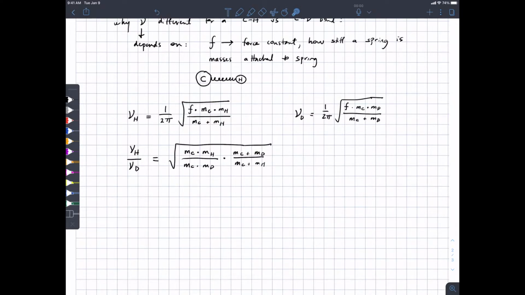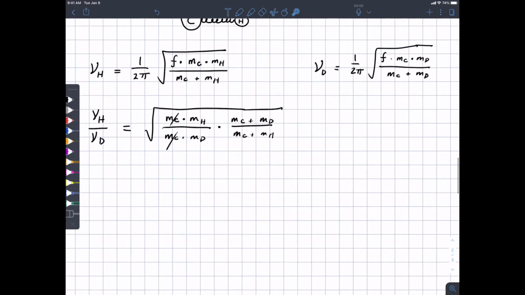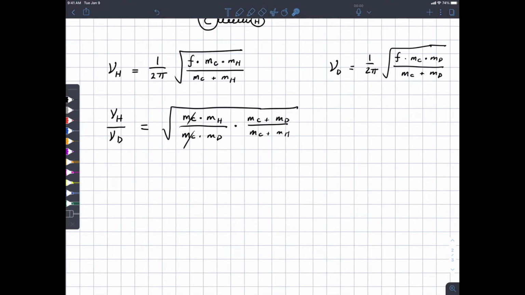Okay, and of course, masses of carbon cancel each other out. And let's just get an idea of what the numbers are, right? For mass of hydrogen, we're dealing with something like 1, right? Mass of deuterium, 2. And then for carbon plus deuterium, what is that? 12 plus 2 is 14 divided by 12 plus 1 is 13, something like that.